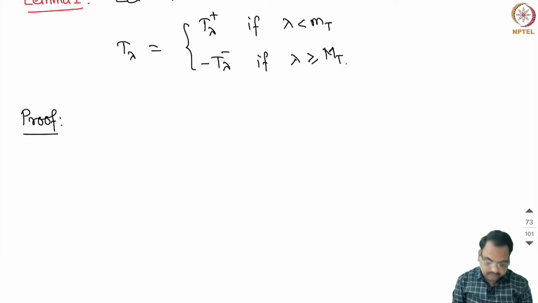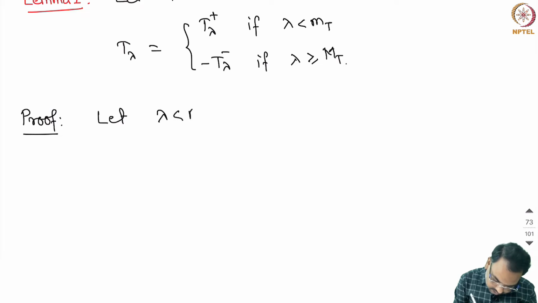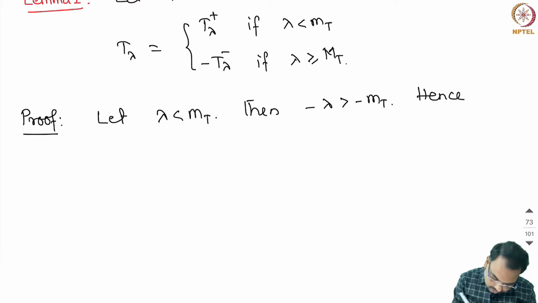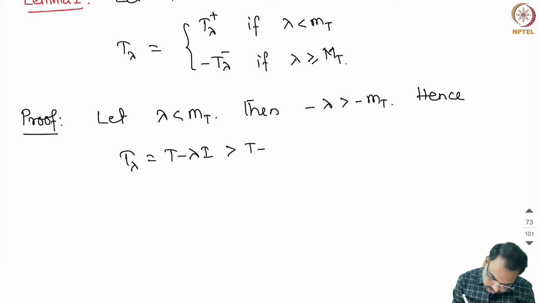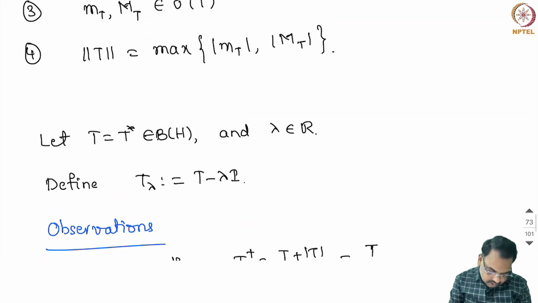Let us look at the proof. First assume that lambda is strictly less than the lower numerical bound, so lambda is strictly less than small m suffix T. Then minus lambda is bigger than minus m_T. Hence T lambda, which is T minus lambda I, is bigger than T minus m_T I. We know that T minus m_T I is bigger than or equal to 0 by property 1 that we observed.